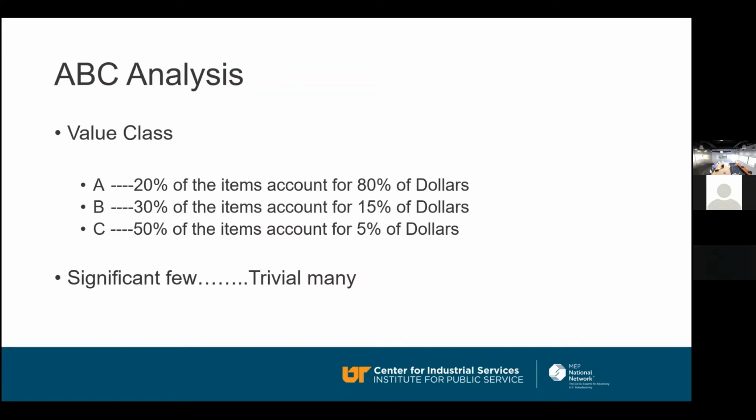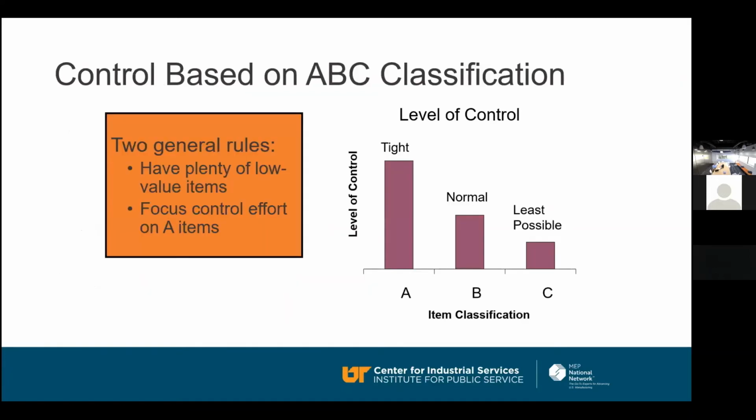So you're going to look at those, but not with the same intensity as the A items. And that's when you have a little bit of extra time on your hands, whatever that is. And then you have your C items. That's just the rest of the stuff, the other half of the items. They only account for 5% of the dollars, so they get very, very little attention. You know, and don't get hung up on the classes. Just focus on the fact that only a few of your items represent most of the dollars. So you need to attack those first.